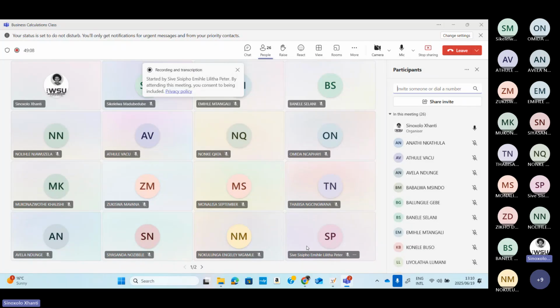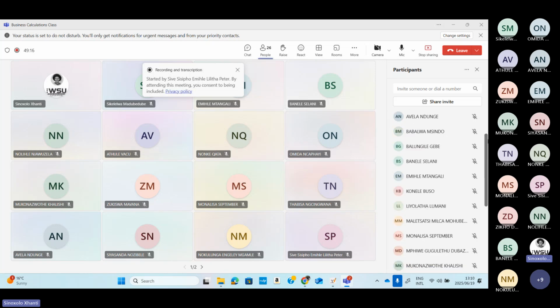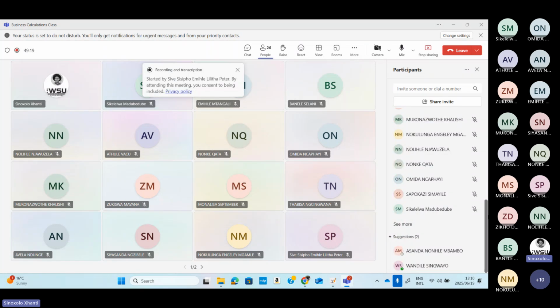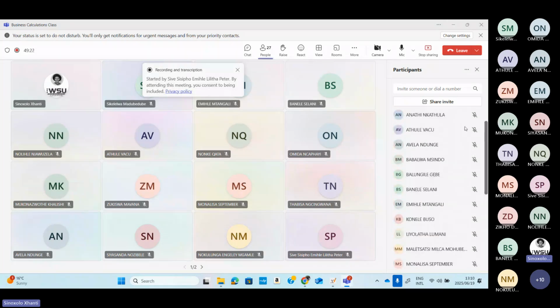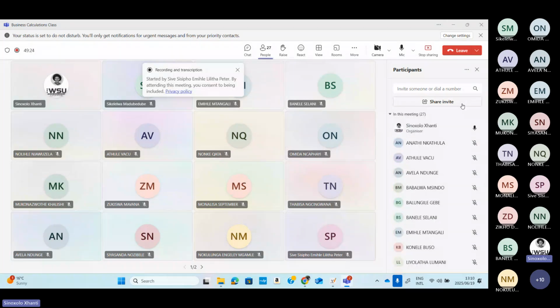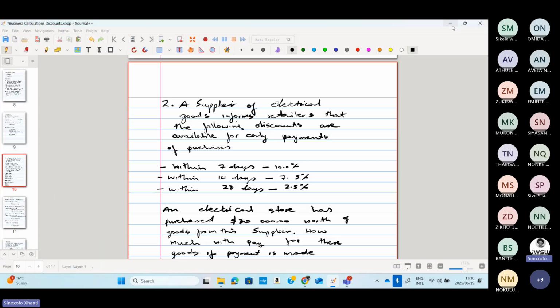I want us to start something now. One of the things I think is that these discounts do play a huge role, especially in your career, guys. You would be dealing with, analyzing and auditing people's businesses, and business is all about buying and selling. So this is one of the major points that usually play a huge role in your careers.